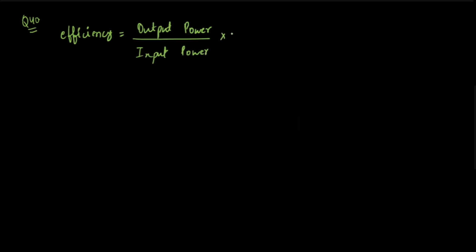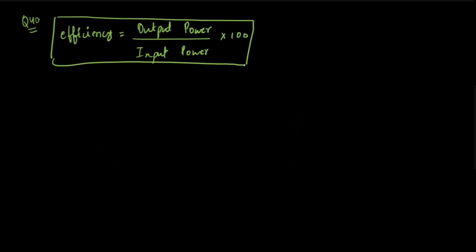So efficiency is defined by this particular relation, and make sure you remember this relation. Here the efficiency is 90%, so 90% must equal output power by input power times 100.